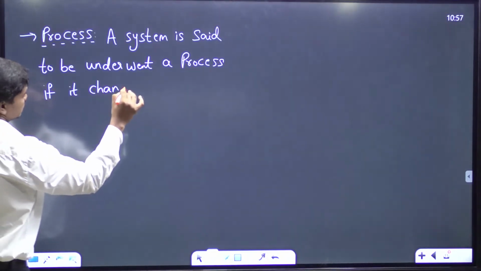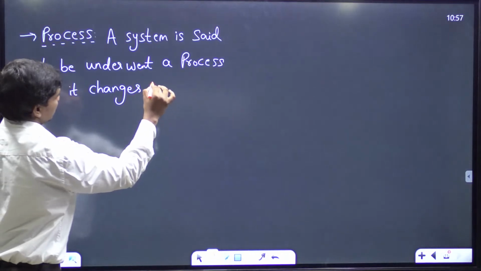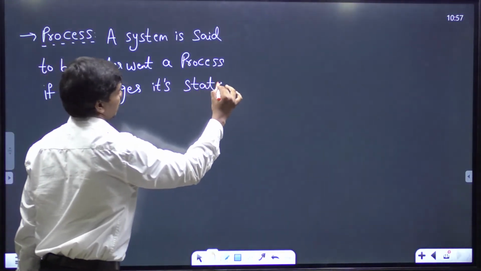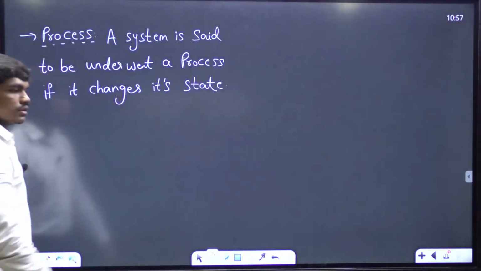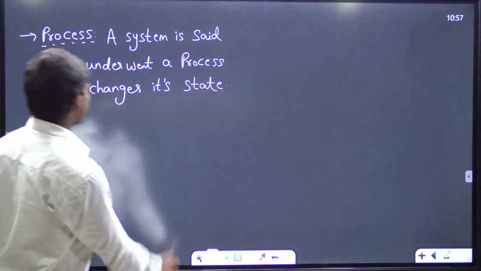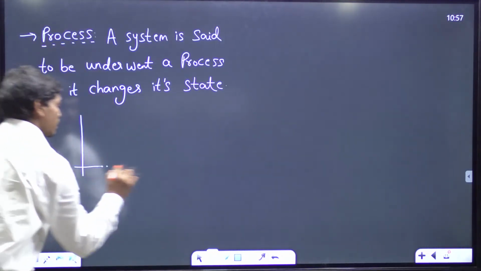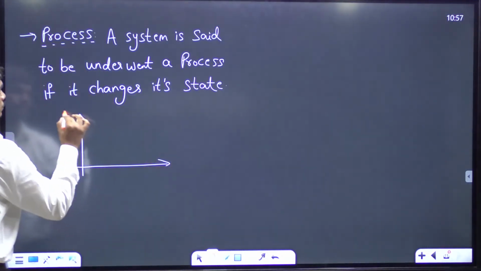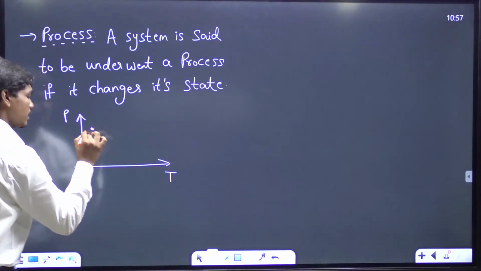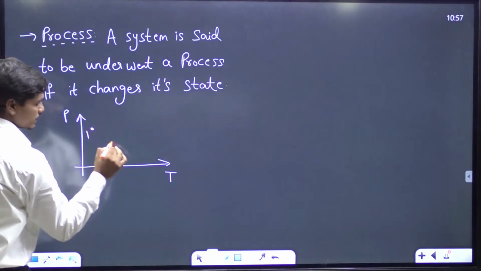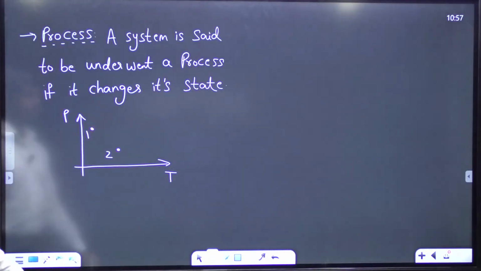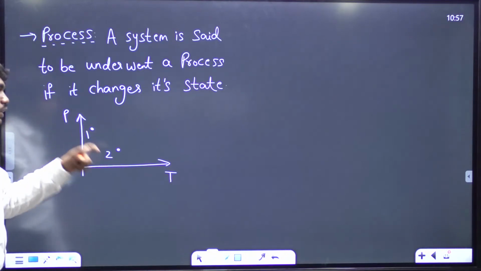So a system is said to have undergone a process if it changes its state. Means, for example, if this is some PT curve, and this is the initial state and the system changed from this state to this state, something like this, then you say a process has occurred from 1 to 2.